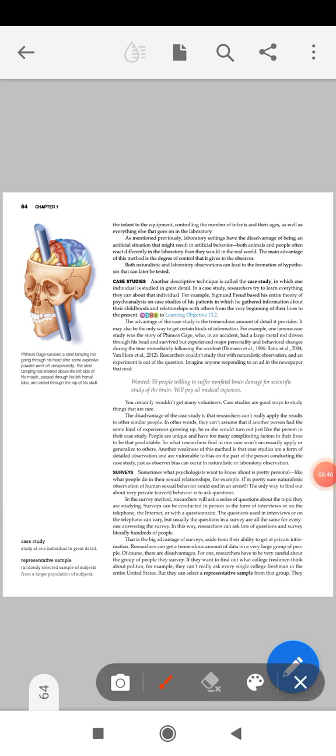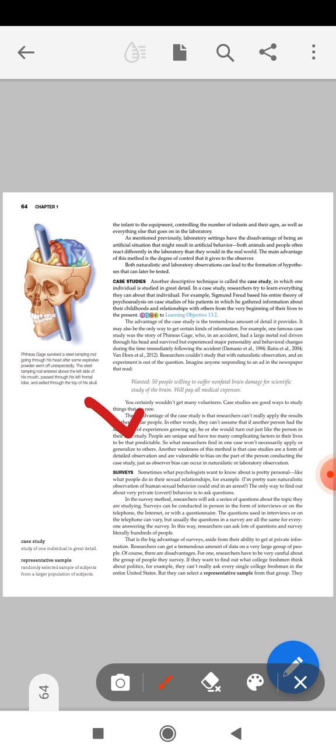Now, what are the problems with the case study? The problem is we cannot apply the same data to others for prediction. As we know, prediction is a goal of psychology.